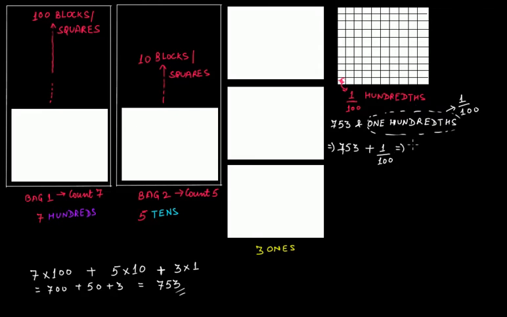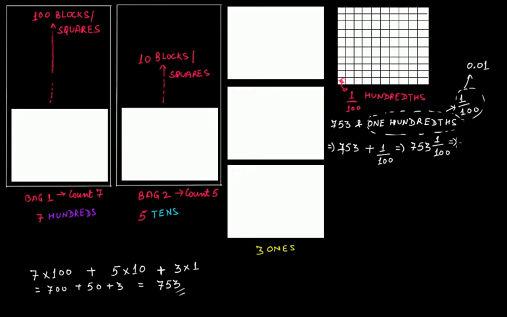You can write it in the form of a mixed fraction, and this 1/100, if you divide 1 by 100, you will get 0.01.